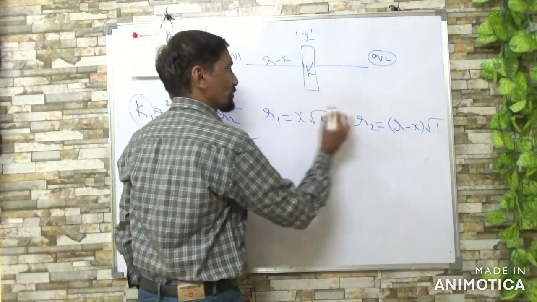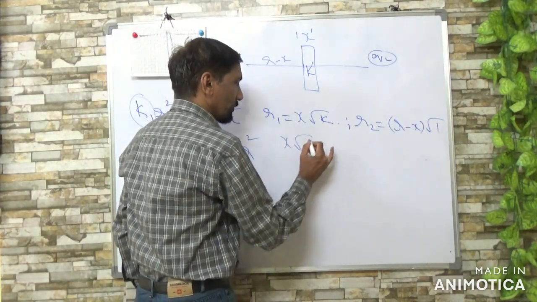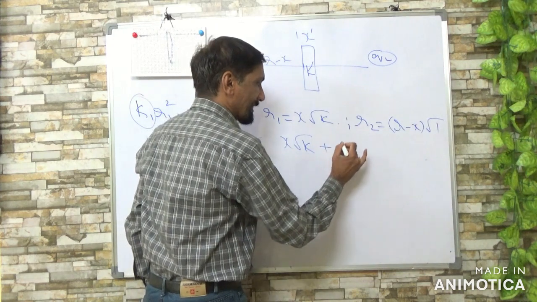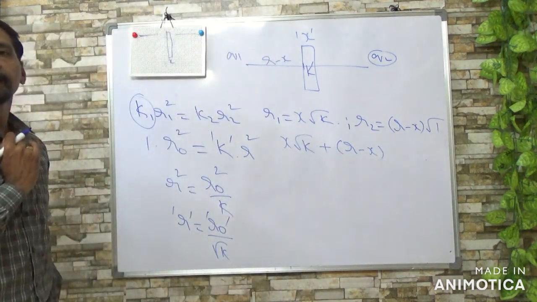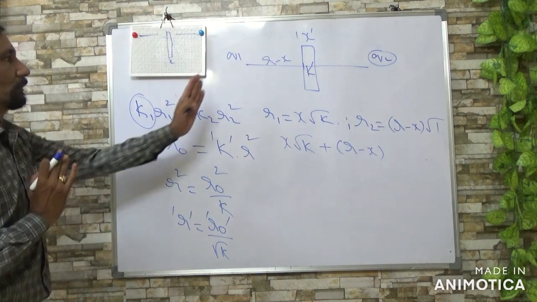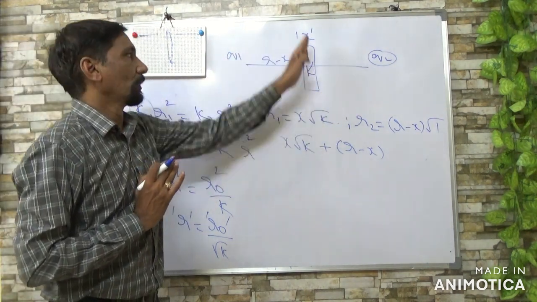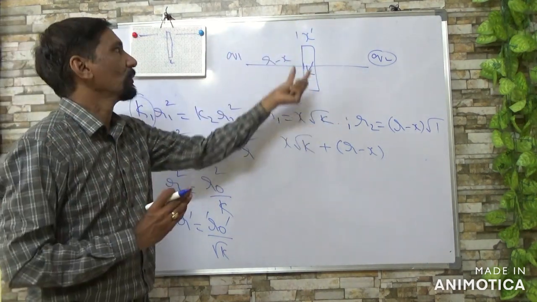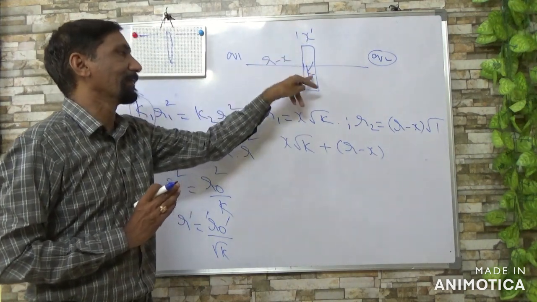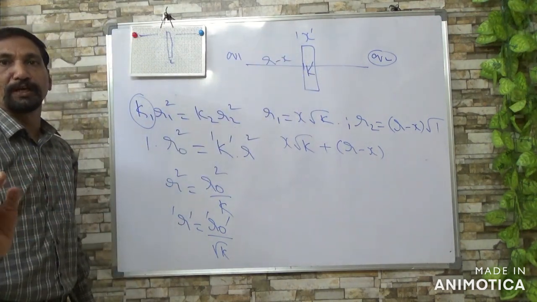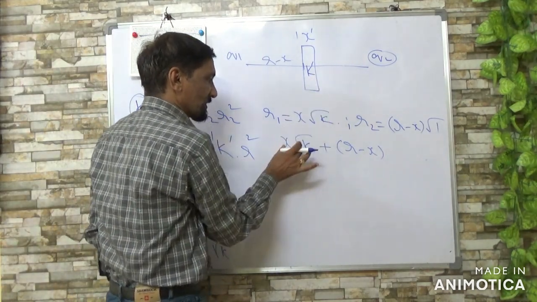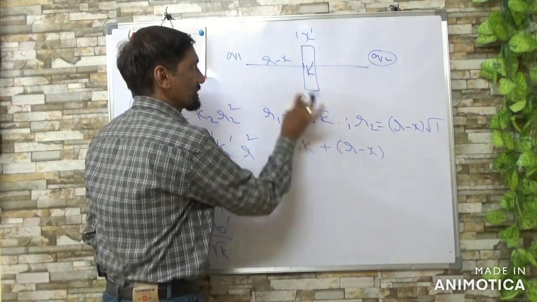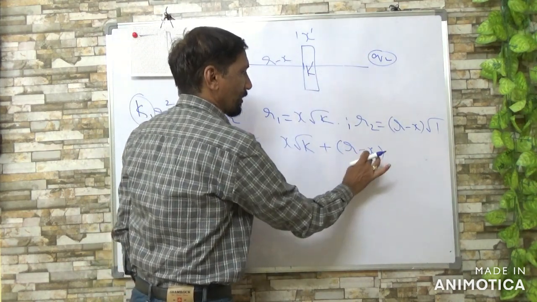Therefore, what is the total distance of separation? X root K plus R minus X. Because the 2 point charges are separated by a glass plate of thickness X and dielectric constant K, the effective distance is X root K plus the remaining distance R minus X into 1.